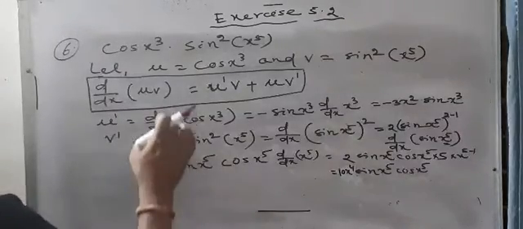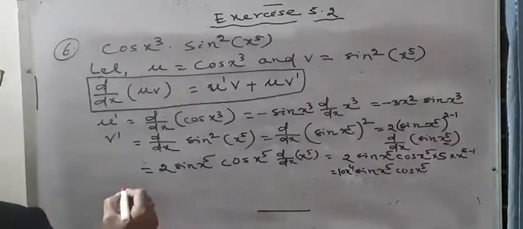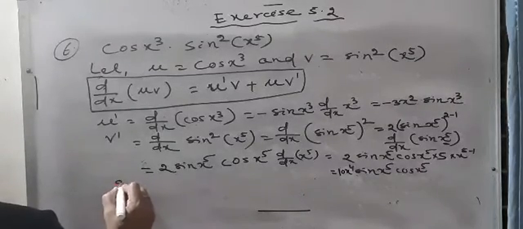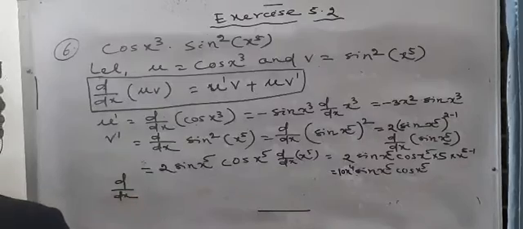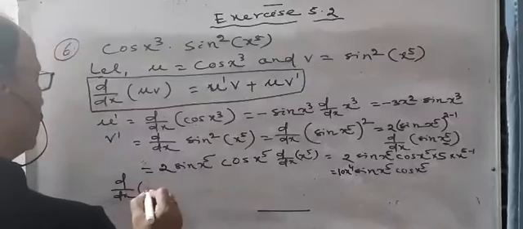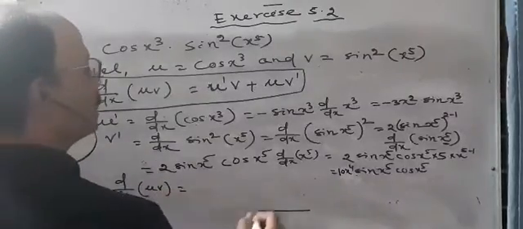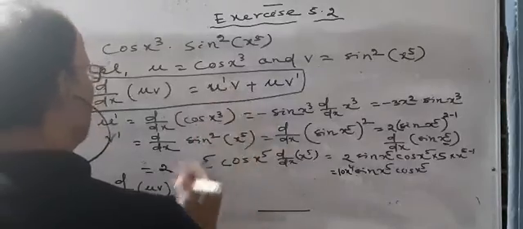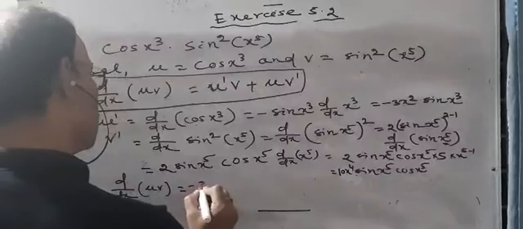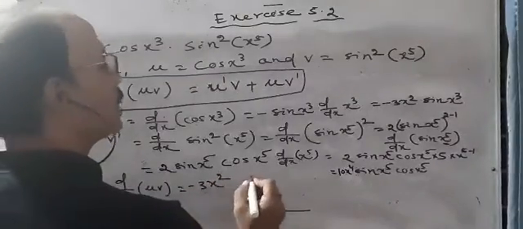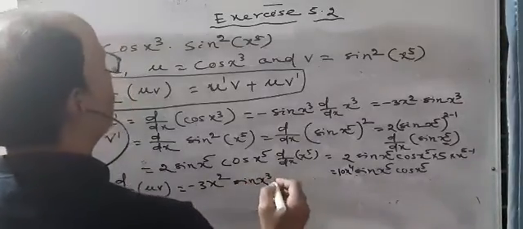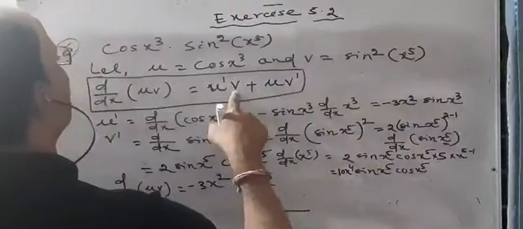Let's put it in the formula. d/dx of uv is actually u dash v. U dash is minus 3x square sin x cube. So put minus 3x square sin x cube, then multiply v. So v is what?